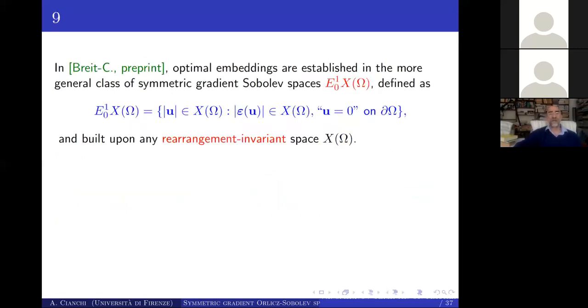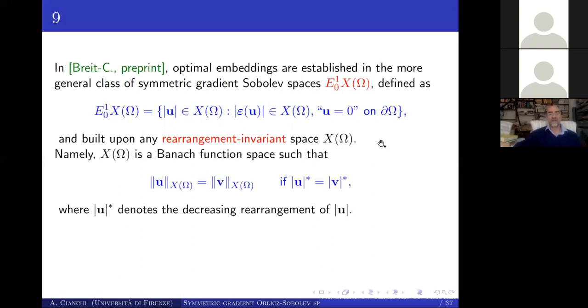Now, with Dominic Breit, we attacked this problem, and in fact, we considered it in a more general setting, where instead of considering just Orlicz spaces, we took into account what are called rearrangement invariant spaces on Ω. And then we consider symmetric gradient spaces E_0^1 X, which are defined as those functions which belong to the space X and whose symmetric gradient also belongs to X, and they are zero on the boundary.